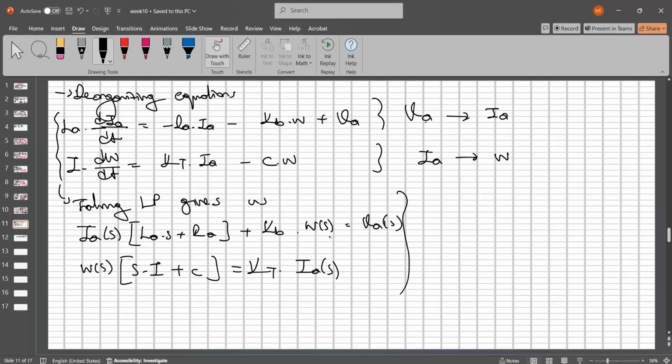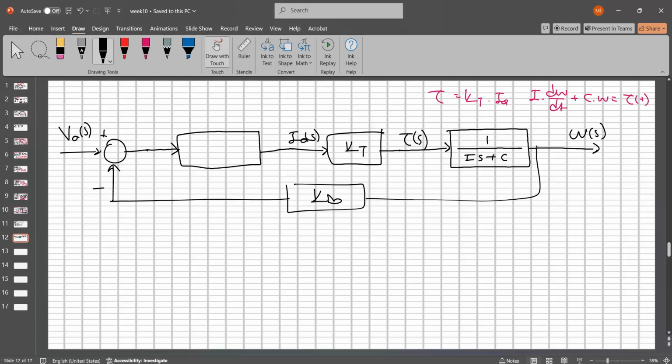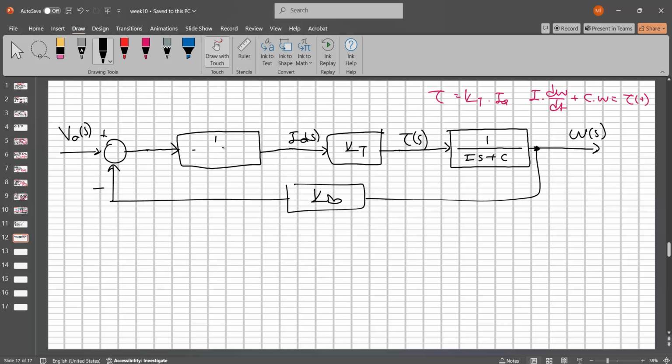KB times WS, and so we must subtract this term from the VA, and we should put the plus VAS, and so we should take the feedback from the KB WS in here, and this must be going to the term LAS plus RA, which means that 1 divided by LAS plus RA should be written on this page, right?